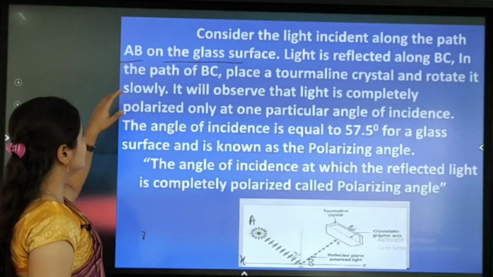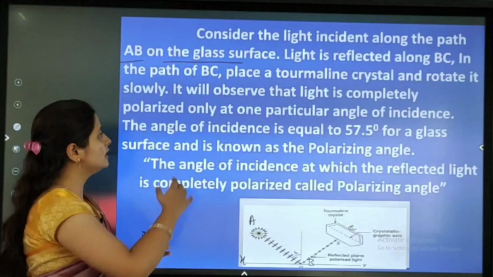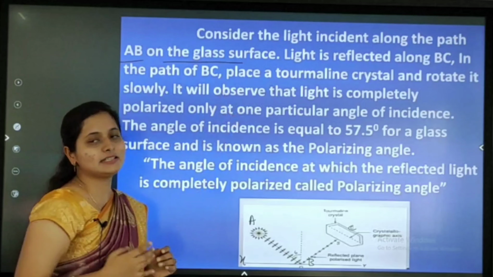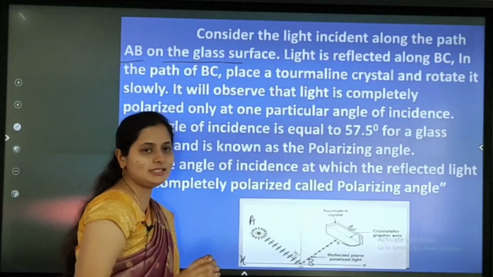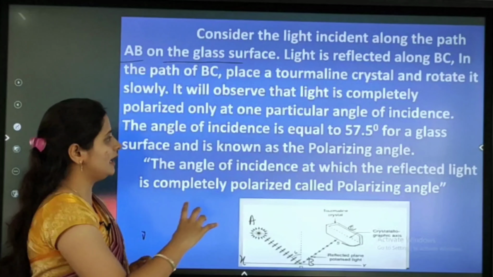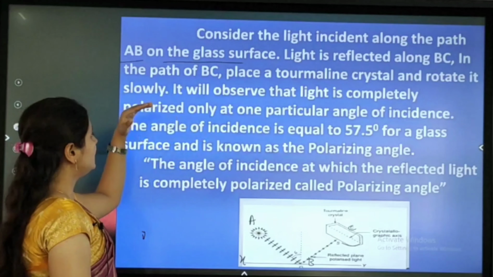Next, in the path of BC, place a tourmaline crystal, and rotate it slowly.